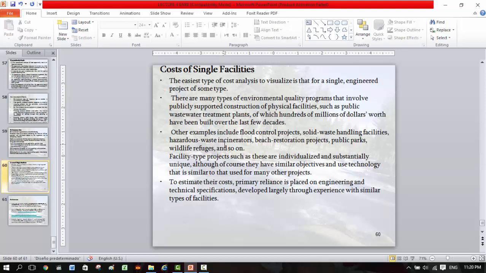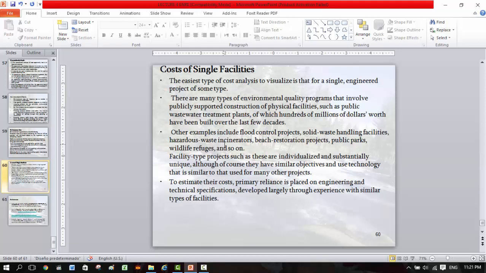Facility type projects are individualized and substantially unique, although of course, they have similar objectives and use technology that is similar to that used for many other projects. To estimate their cost, primary reliance is placed on the engineering and technological specifications developed largely through experience with similar types of other facilities.